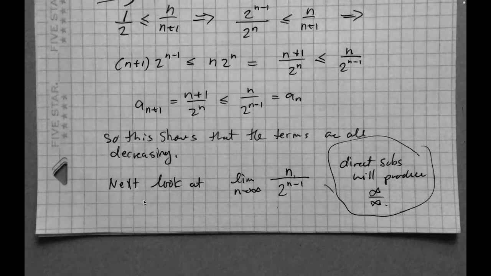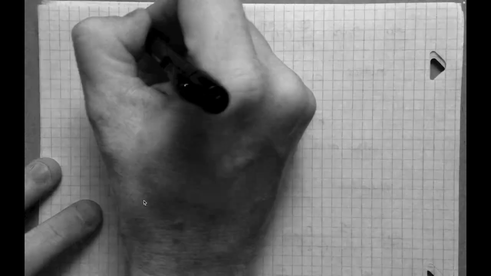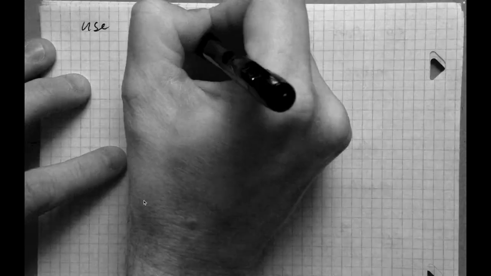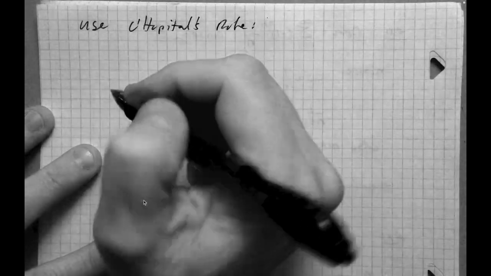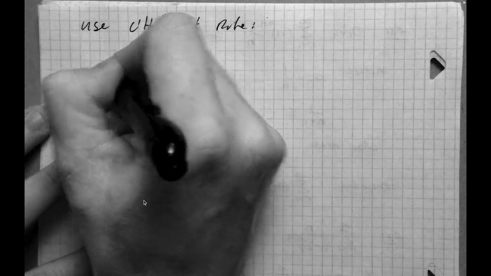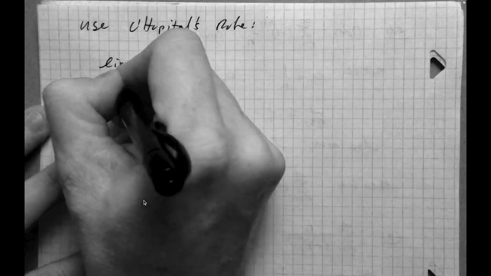And so one of the ways to deal with this is to employ L'Hopital's rule. So we want to use L'Hopital's rule here. Instead we would consider the limit as x goes to infinity.